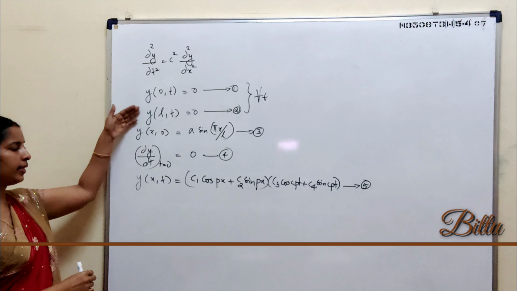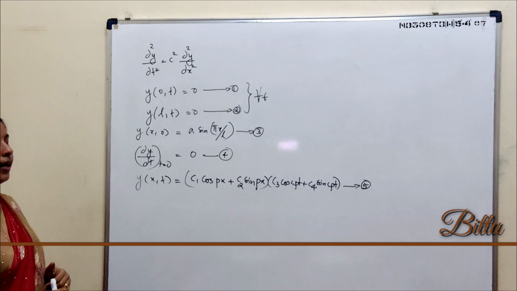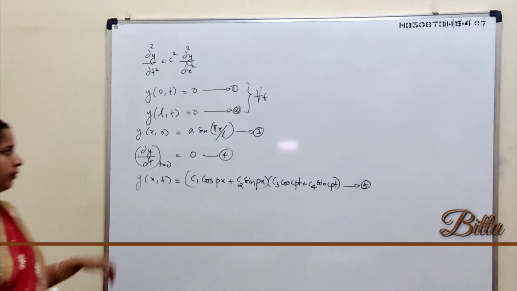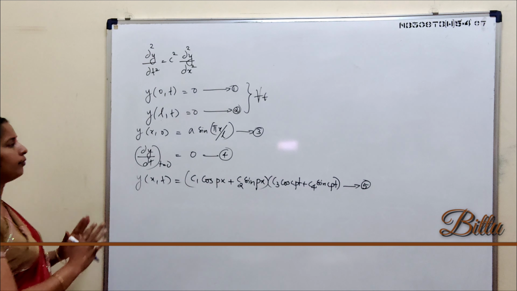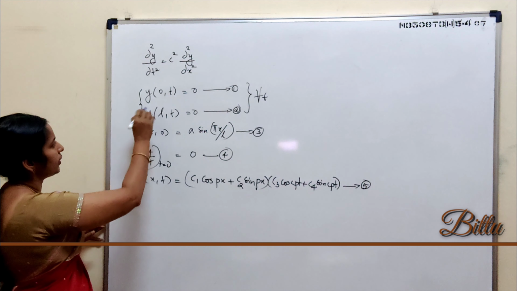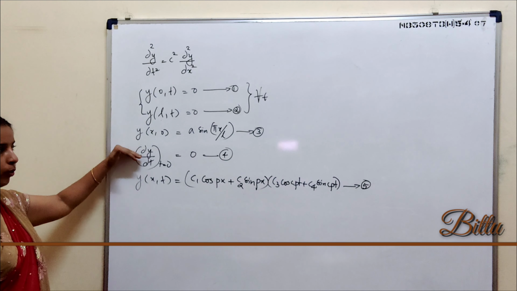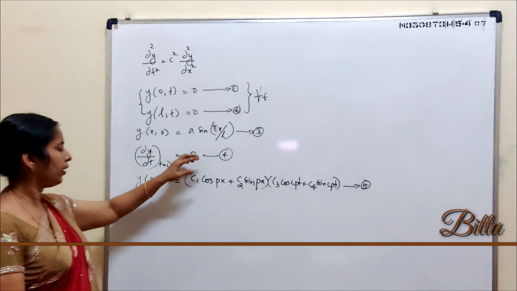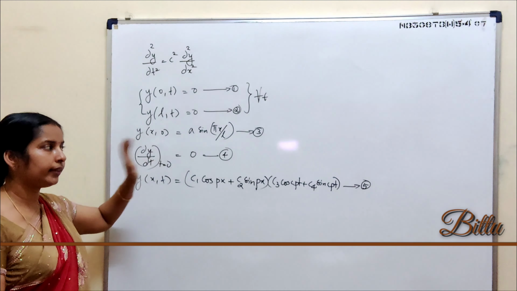Next you have to substitute these conditions in equation number 5 for getting the arbitrary constants, as I explained in the 3rd video of the wave equation. In all questions you put the first 2 conditions first, then look into conditions 3 and 4. Wherever the right side is 0, you apply that condition first.